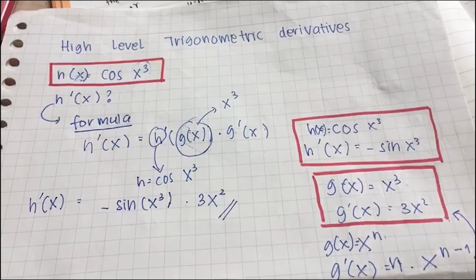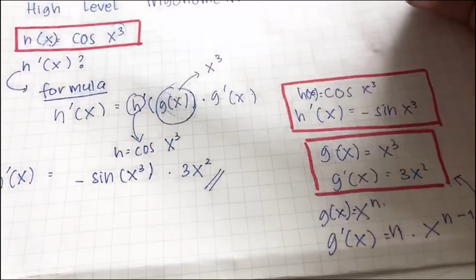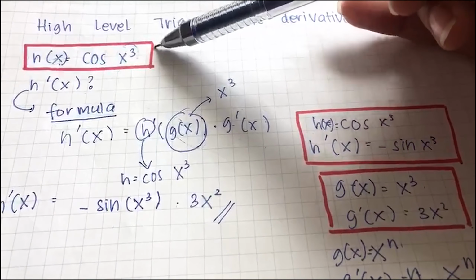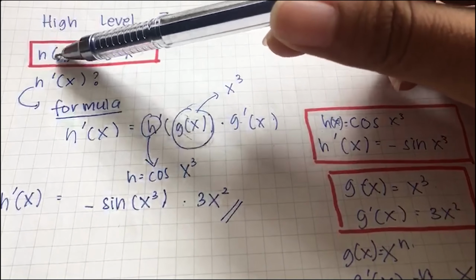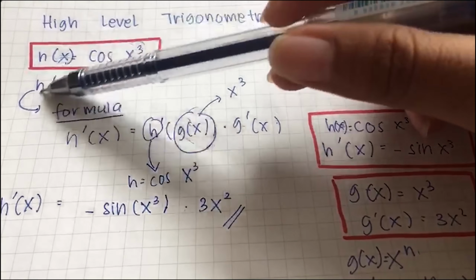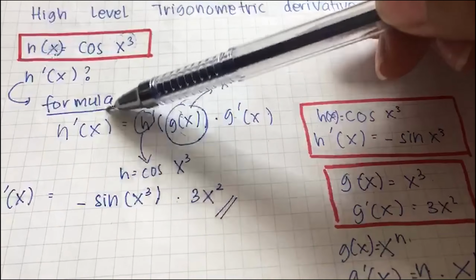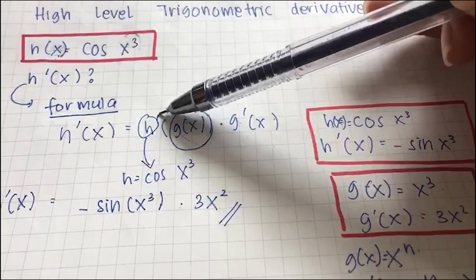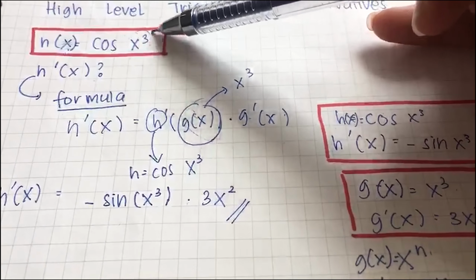So today I'm gonna explain to you about the higher-level trigonometric derivatives. One of the examples is h(x) equals cos x cubed, and how we can find the derivative of h(x). So the formula is the derivative of h(x) times the derivative of the x cubed.